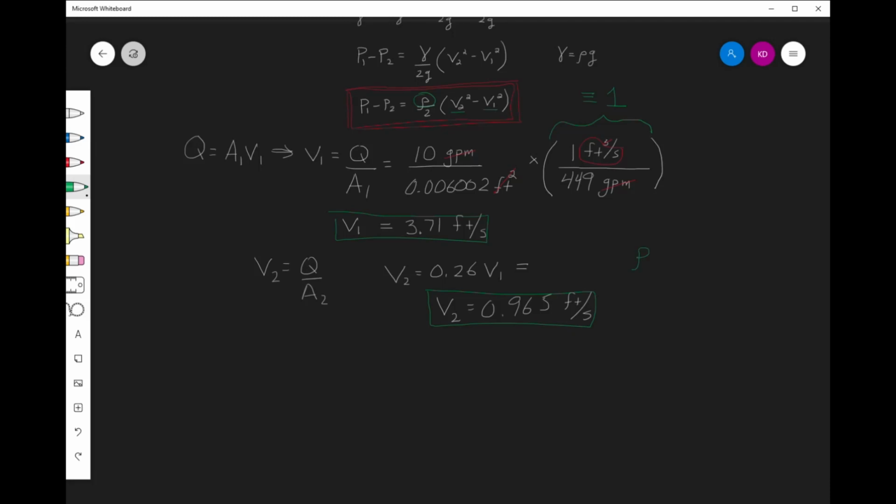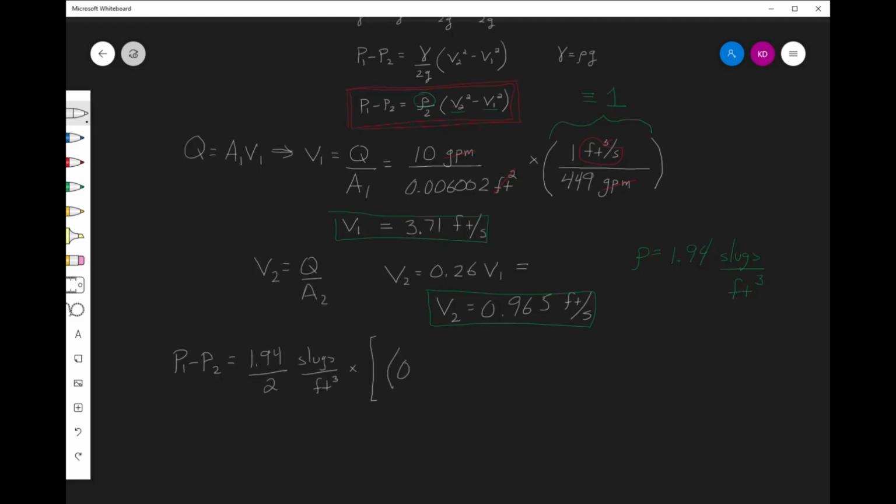You can look at it in the table, but rho is 1.94 slugs per foot cubed. So now let's plug in these values and make sure that we get a pressure with the correct unit. So I have P1 minus P2 equals rho over 2, so I have 1.94 over 2 slugs per foot cubed times V2 squared minus V1 squared.